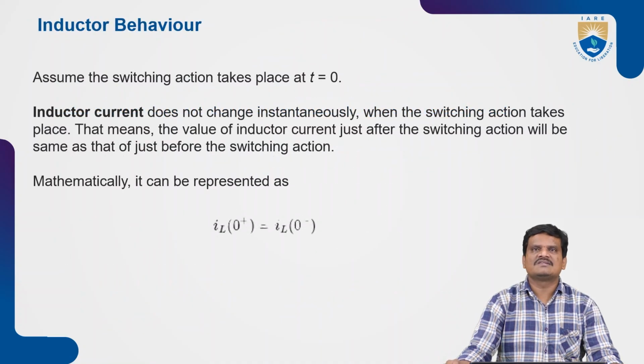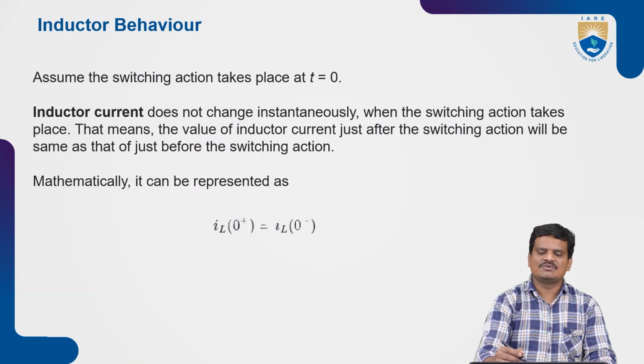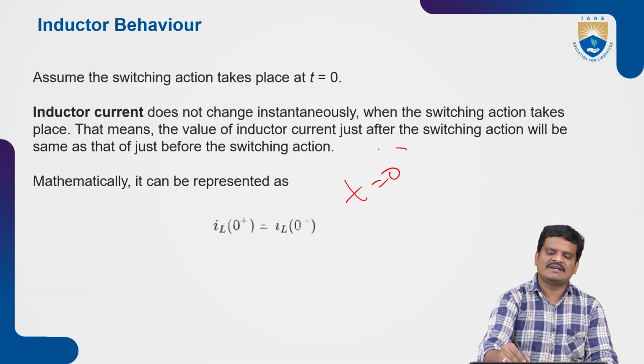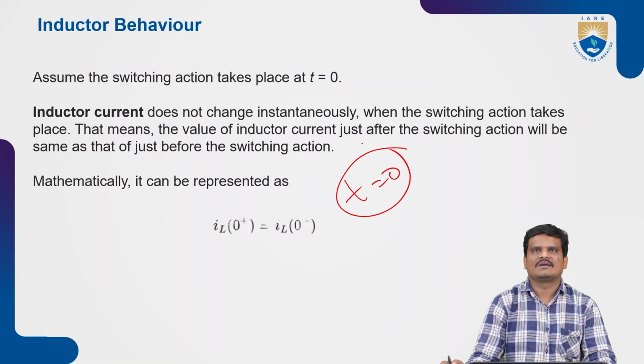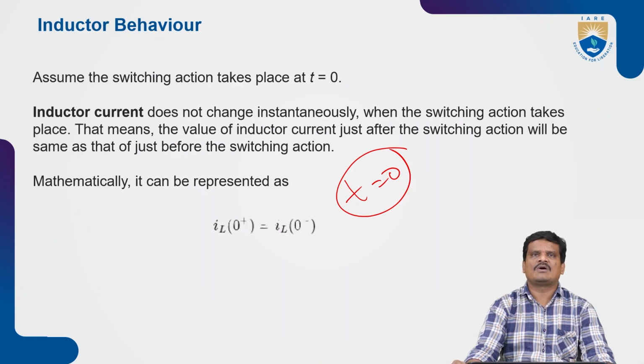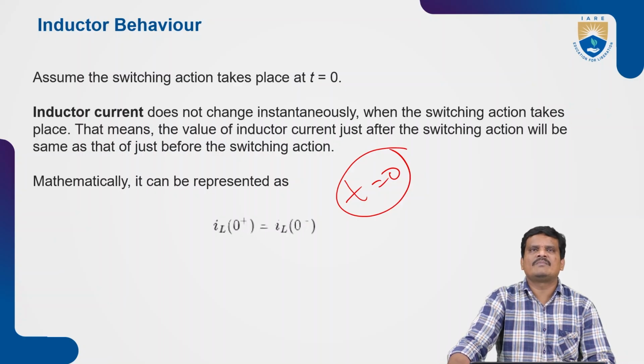Now we will discuss how the inductor will behave during the transient state. Let me assume that the switching action is taking place at time t equal to 0. We have certain properties of an inductor. The first property is that it stores energy in the form of a magnetic field.